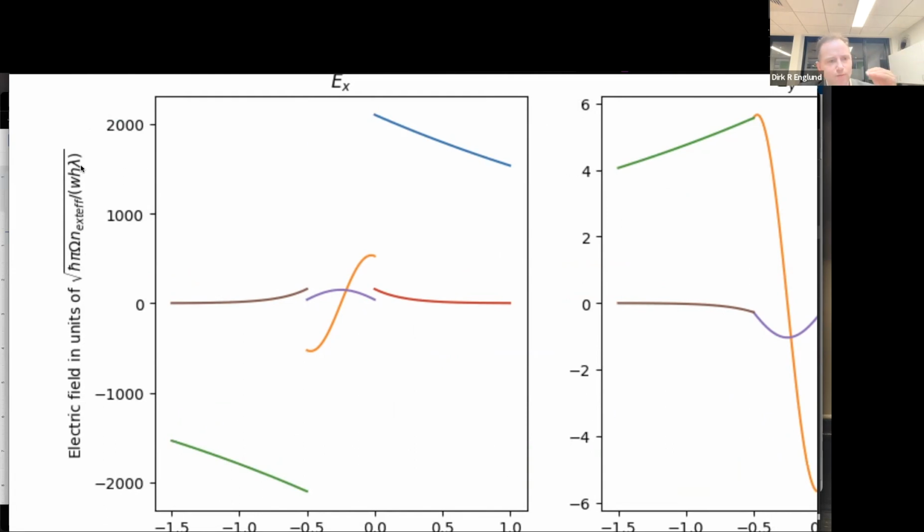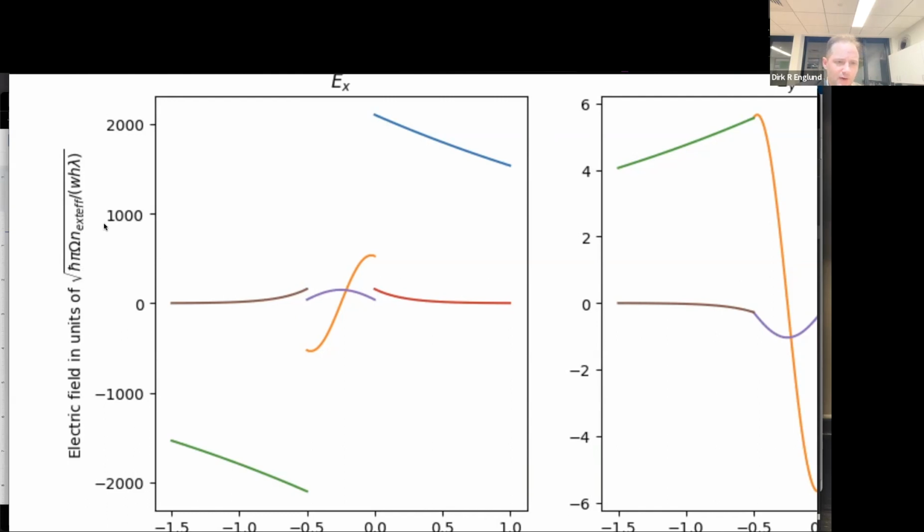So if you have a single photon exciting that segment of a waveguide, this normalization factor allows you to convert that single photon excitation of the waveguide into what is the electric field in terms of volts per meter. So, for instance, this here is for the vacuum.